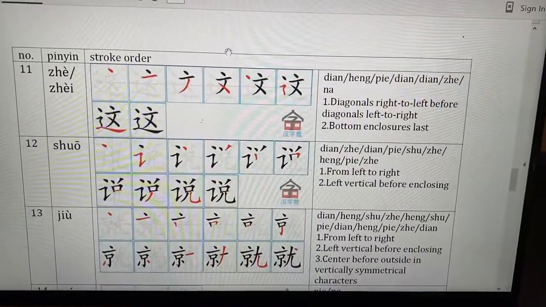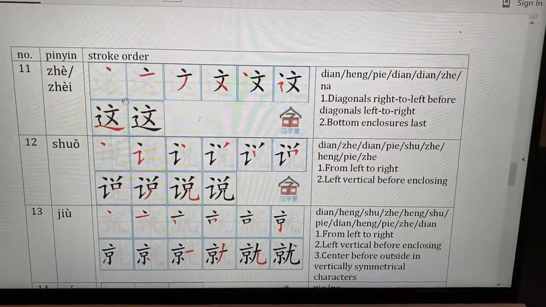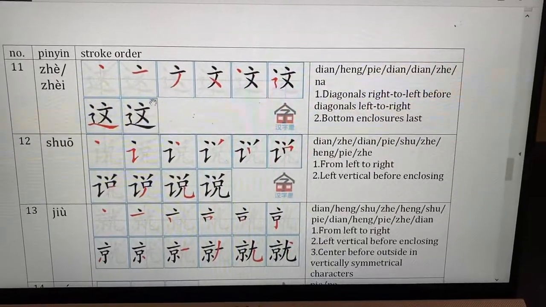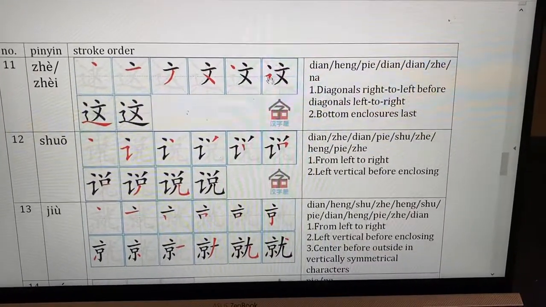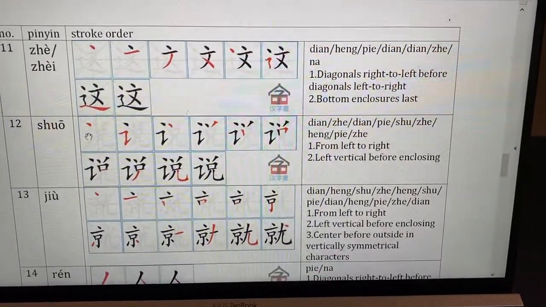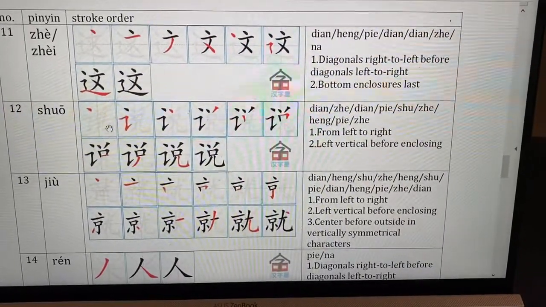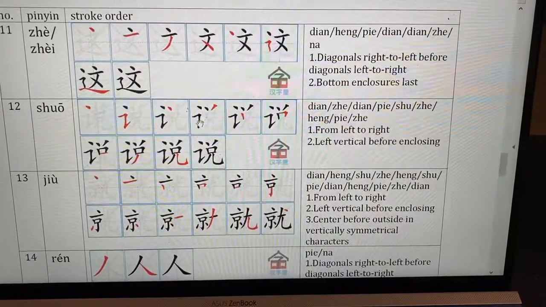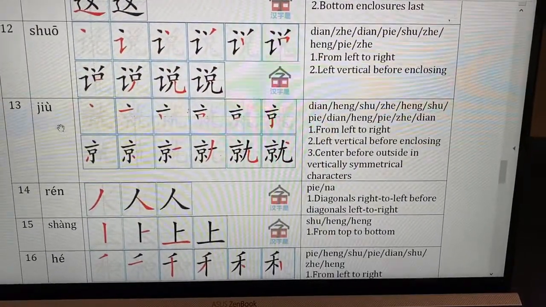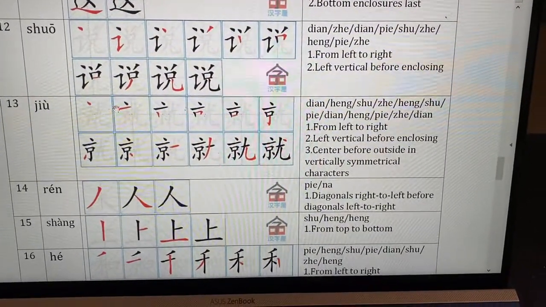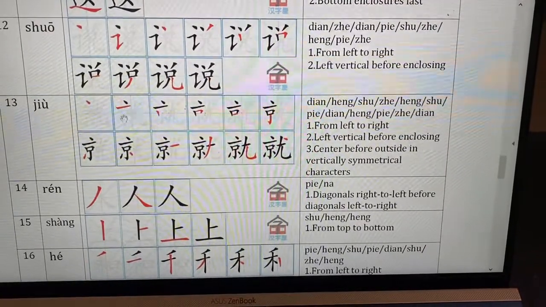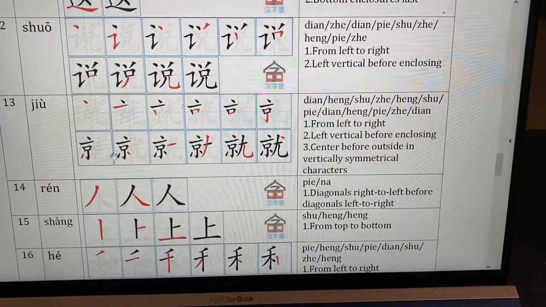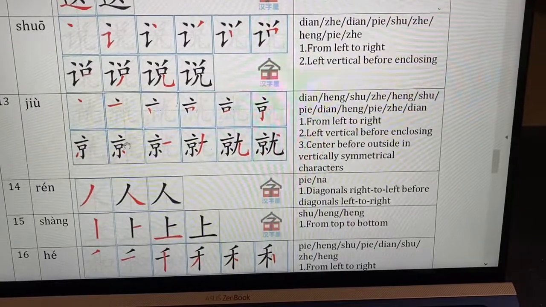And in character number 11, zhe, you have a bottom. So you write the bottom last. In shuo, you write the left part and then the right part. Jiu, similarly, write left part with a small symmetrical part here.